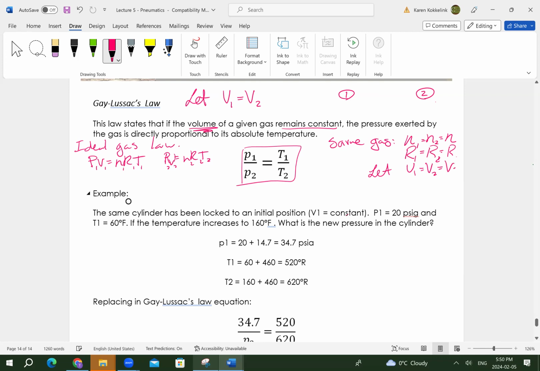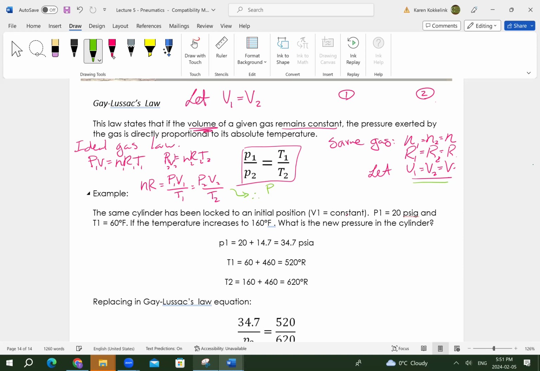So if we substitute this in here and rearrange for nR, then nR is going to be equal to P1 V1 over T1, which equals P2 V2 over T2. And the volumes are the same. We're going to let the volumes be the same.